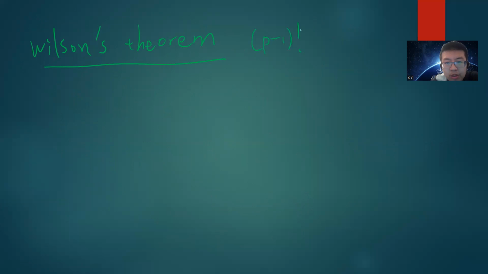Now let's prove Wilson's theorem: p minus 1 factorial is minus 1 mod p. The idea is to notice that F_p is a field, so each element a can find its inverse. Let's do a very simple example.